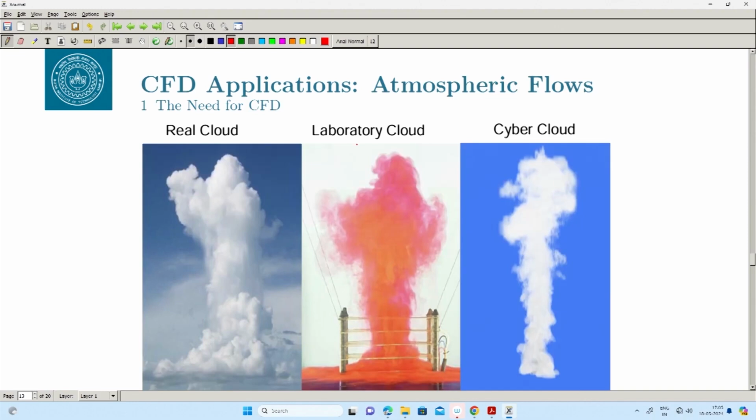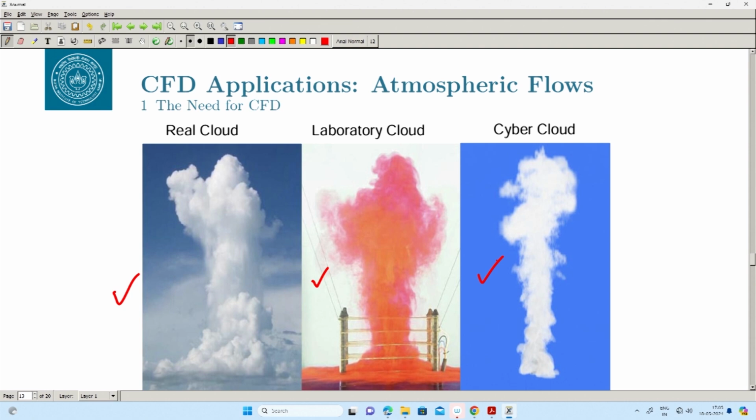For atmospheric flows also you can use these CFD models in a big way, and this is one example of simulating a cloud. What you see on the left is the real cloud, in the middle you have a cloud designed in the lab, and the third is the cloud through direct numerical simulation. This is the work of Professor Roddam Narasimha, who spent quite a big time trying to understand the cloud.